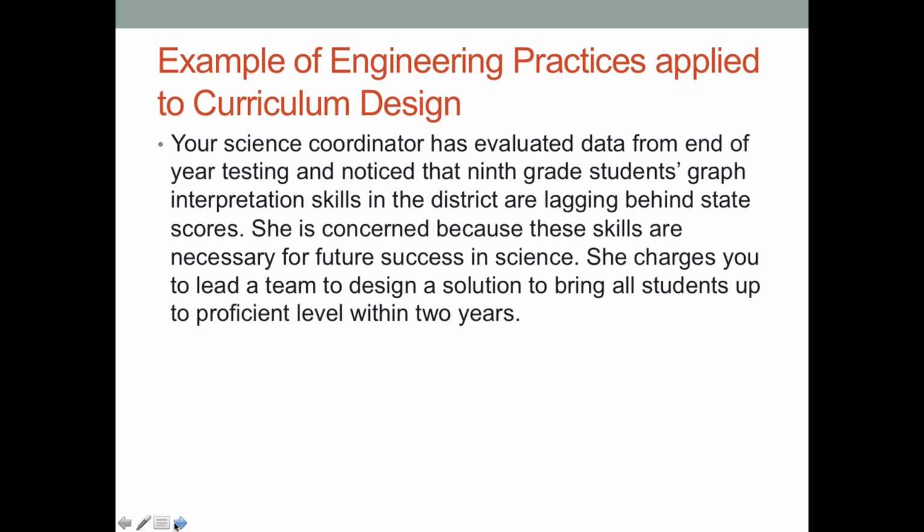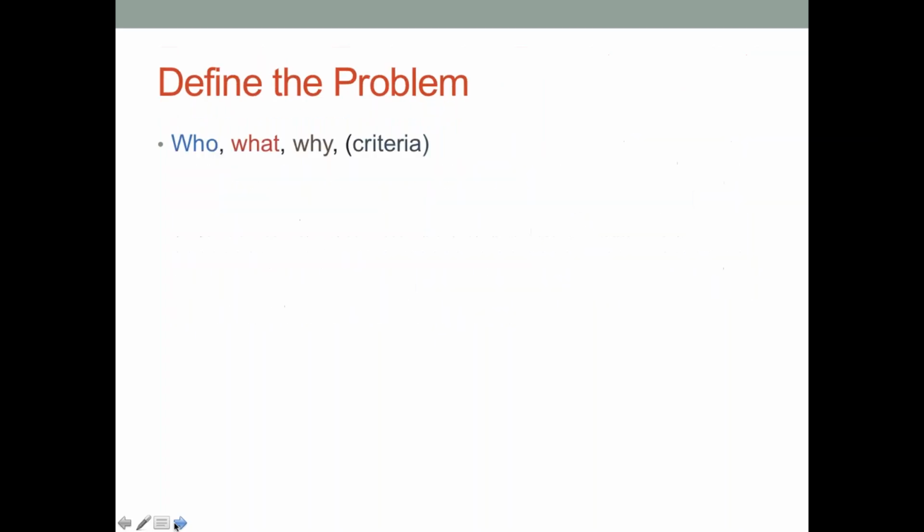So Kathy, when you're done with that, you're going to read that back to us, and then I'll show you what I came up with too. So the who for Carl was ninth grade and younger students who need to improve their graphical and mathematical analysis skills.